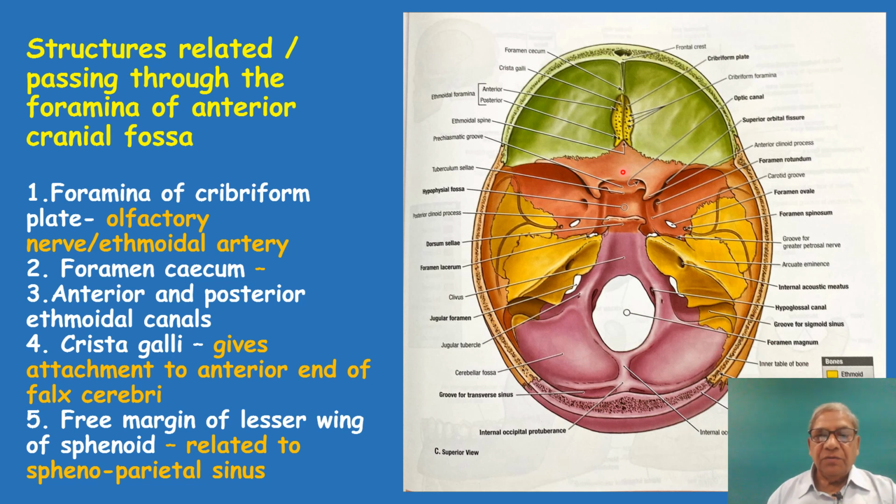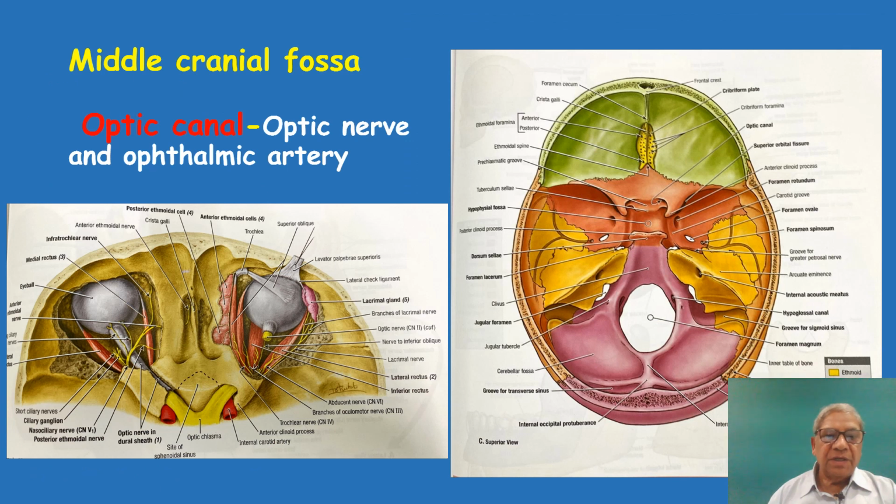Okay, now this many questions can be asked from the anterior cranial fossa, and quickly I will pass to the middle cranial fossa. Now in the middle cranial fossa, where I am moving the pointer, it is the sulcus chiasmaticus, which gives lodgement to the optic chiasma. In the first diagram, I am moving the pointer onto the optic chiasma.